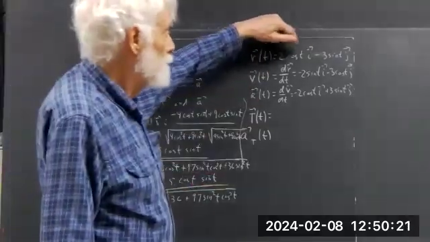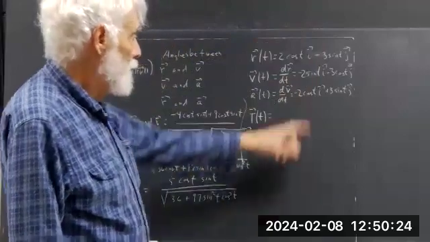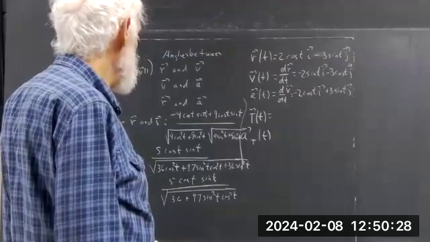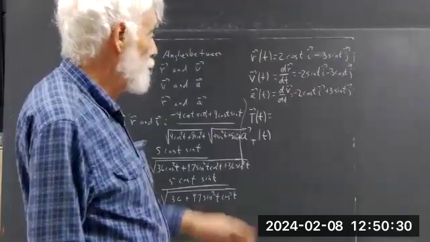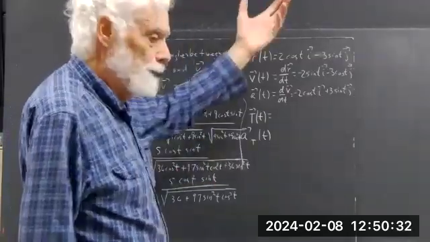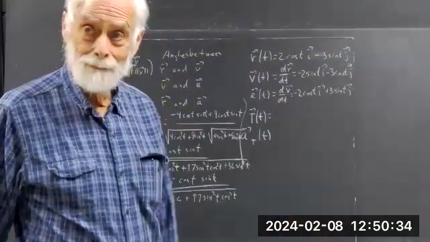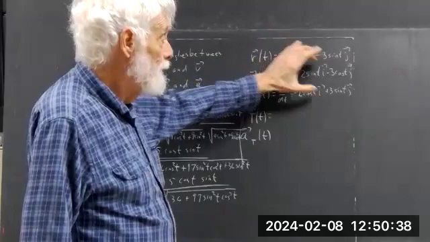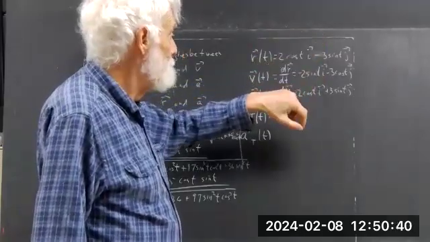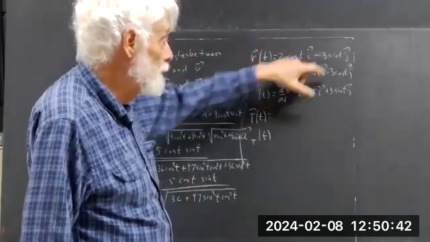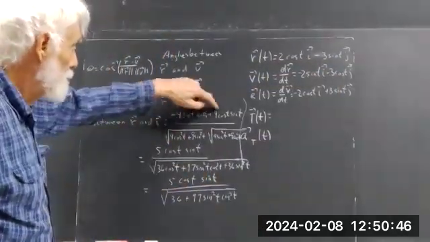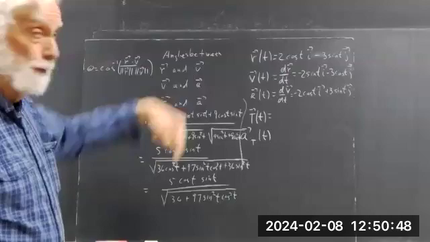In other words, if it's a 2 and 2, then you'd have a −2 here and a +2 here. So we do the dot product of v and r. You get a 4 cos sin and a −4 cos sin, so these numbers equalize and you get 0.